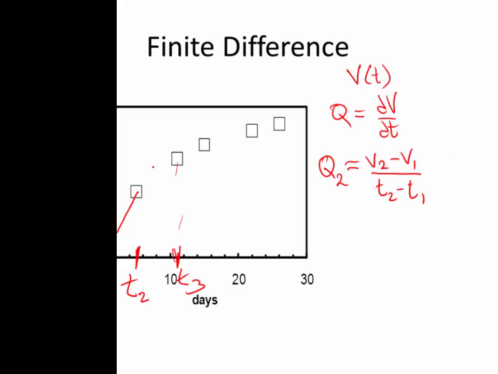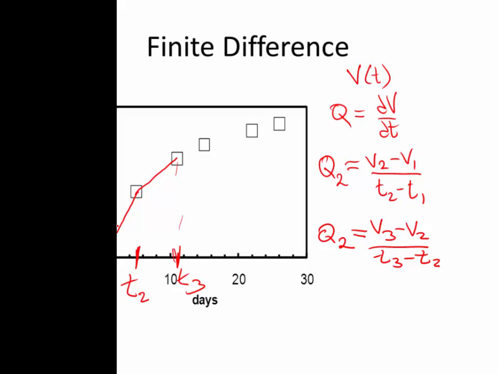That would be one possibility, but of course we could also use this slope here. And if we did that, we would say that the slope at time 2, Q2, would be equal to V3 minus V2 over T3 minus T2.